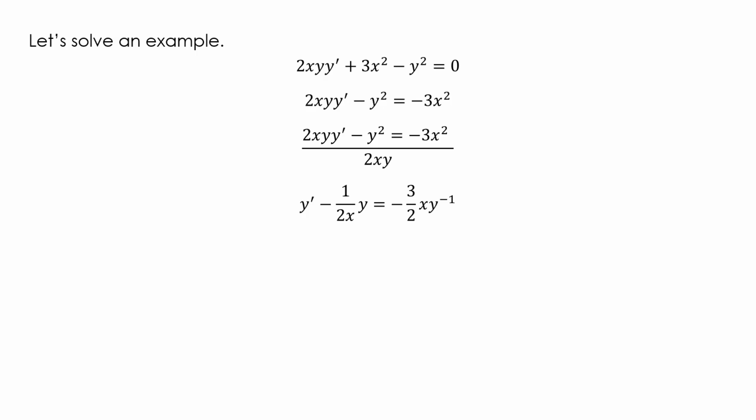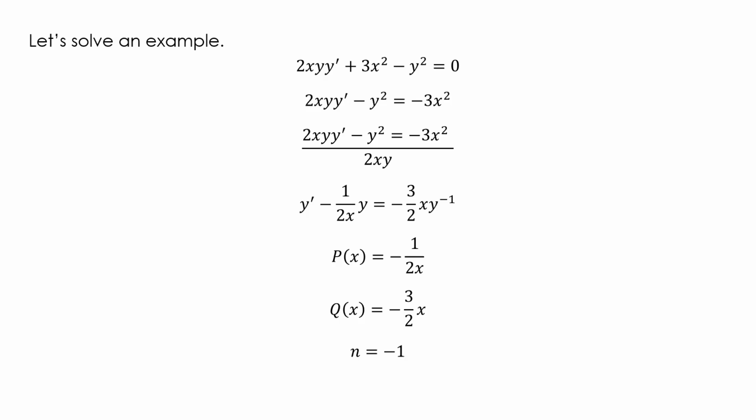So as you can see, we have made the equation into a Bernoulli equation, where p of x is negative 1 over 2x, q of x is negative 3 over 2x, and our n is negative 1.